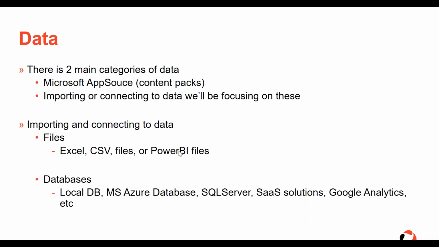So a lot of people do extracts from their client management system. If you can't get direct integration, you just do an Excel or CSV extract, and then Power BI can connect into that extract. And then you do another extract the next day or the next week or the next month. So there's several different ways to do that. The other thing around data is you can also use publicly available data.